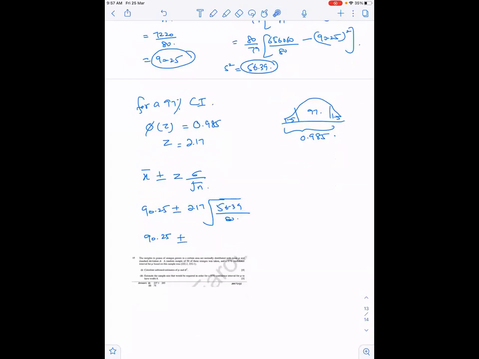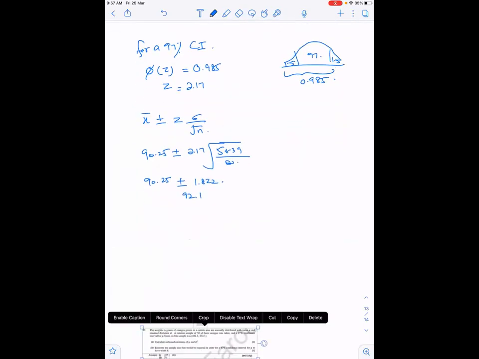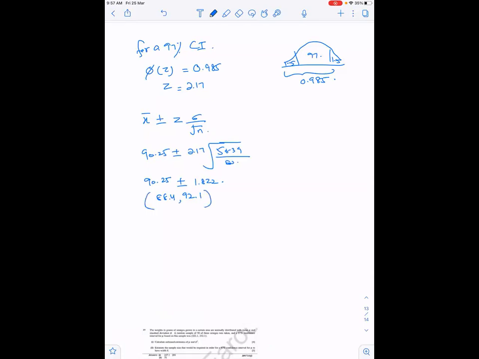It is 1.82. Once I'm adding it to 90.25, I'm getting 92.07. I'm rounding it off to 3 significant figures. And once I subtract it, 90.25 minus 1.822, I'm getting 88.4. This is the confidence interval which we've created.